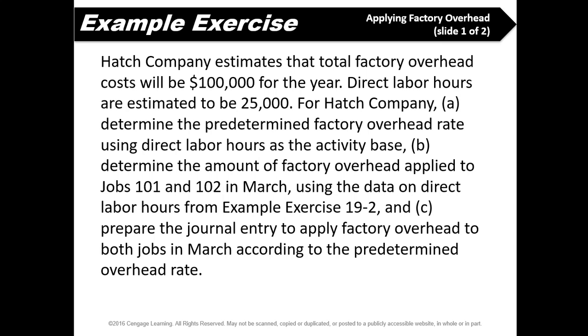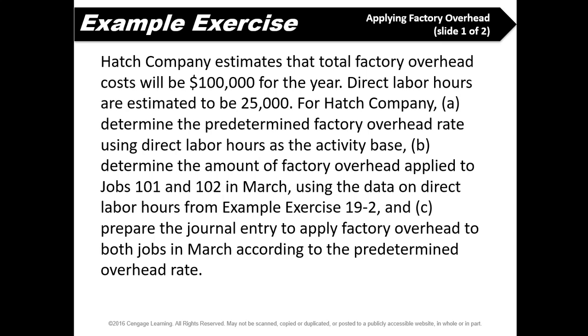So my predetermined overhead rate formula is my estimated cost divided by my estimated activity. So 100,000 divided by 25,000 hours is going to be $4 an hour. All right, so that is my factory overhead rate, $4 an hour.